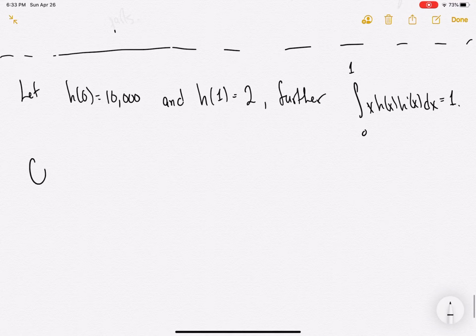Question is, what is integral 0 to 1 h of x squared dx.